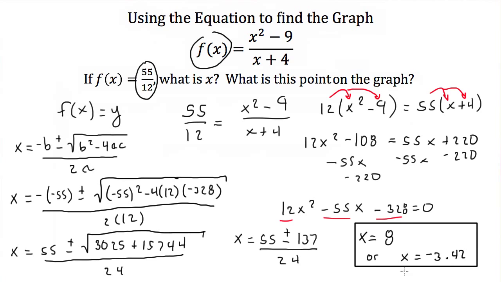So those are our x values. And the points that go with these x values, well, our y value is always 55 over 12, so we would have the point 8, 55 over 12, and then negative 3.42, 55 over 12.